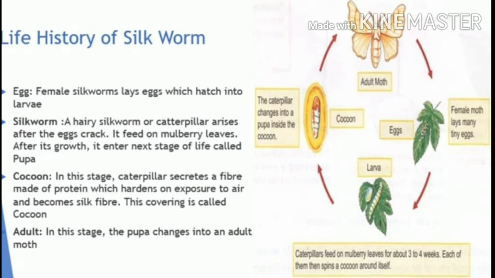And when the pupa matures into an adult, it releases itself from this cocoon and converts into an adult silk moth. So students, this is the life history of the silk moth.